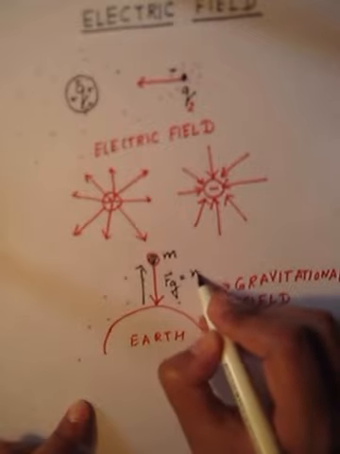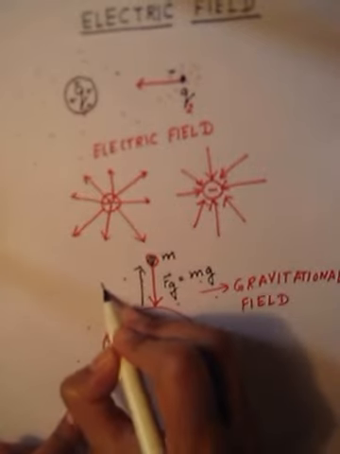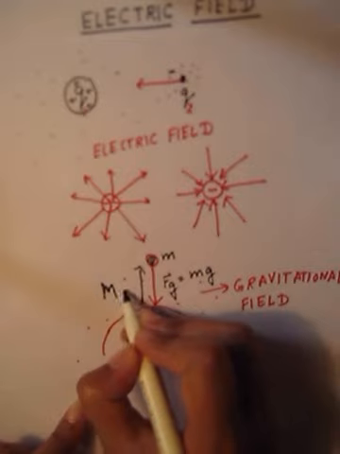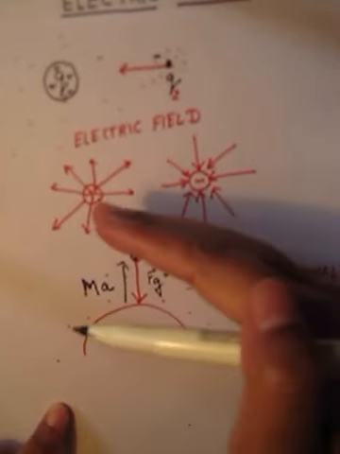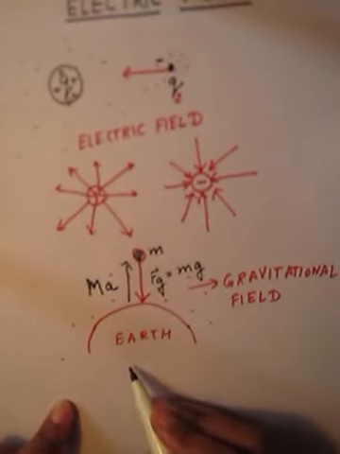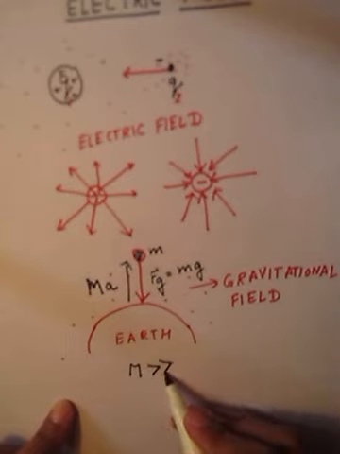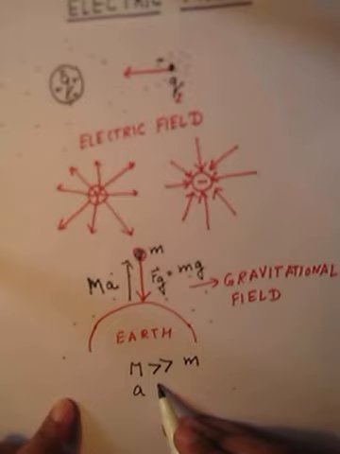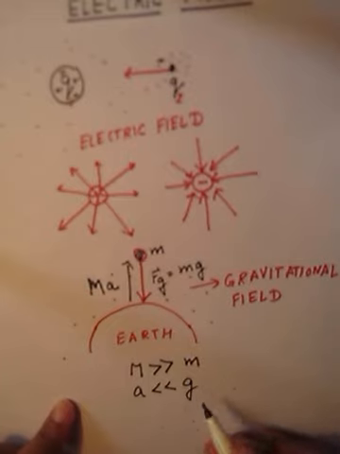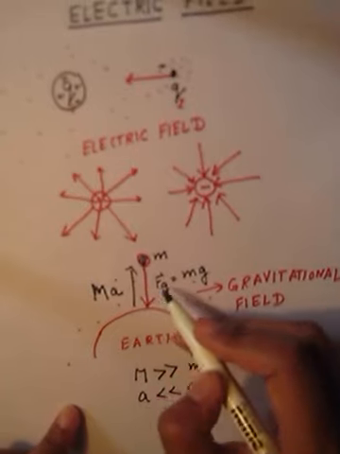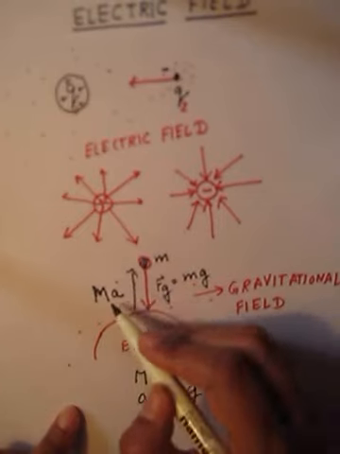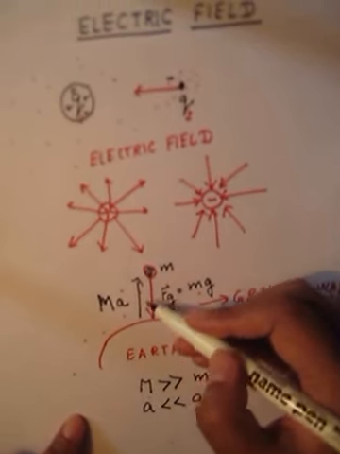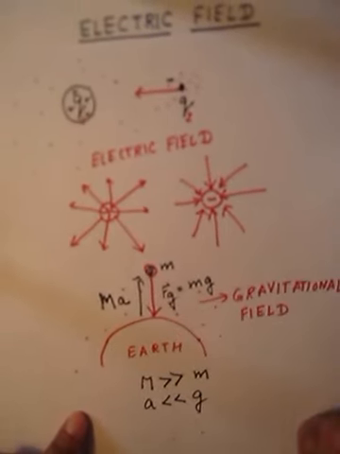If this is m into g, this will be mass of the Earth into the small acceleration with which it moves. Because the mass of Earth is very, very much greater than small m, the acceleration will be very, very much less than small g. These two forces should be equal, because it's an action-reaction pair by Newton's third law.